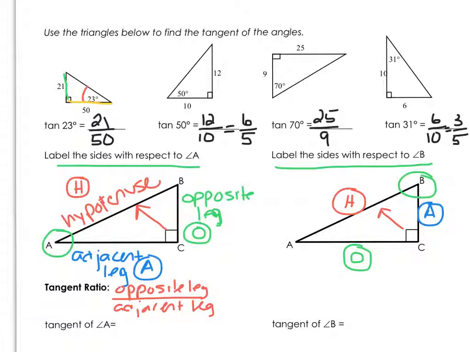So the tangent of angle A, well, for angle A, BC is the opposite leg, and AC is the adjacent leg. How's that going to change for the tangent of angle B? Well, with angle B, AC is the opposite leg, and BC is the adjacent leg.